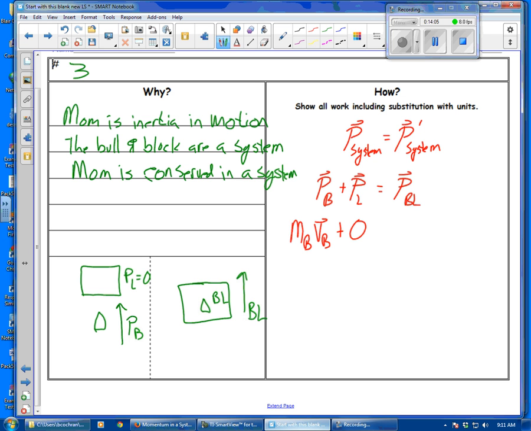Again, my block's not moving. And that's going to give me the inertia of the bullet in the block, which would be the inertia of the bullet plus the inertia of the block, and the velocity of the bullet and the block together. Eerie. It's like number 1.